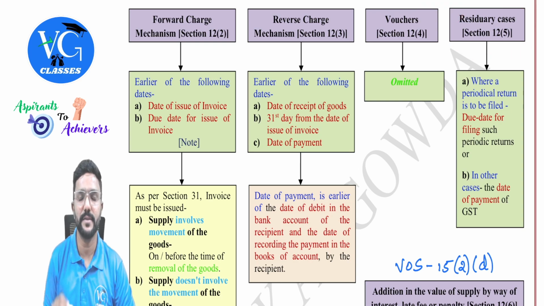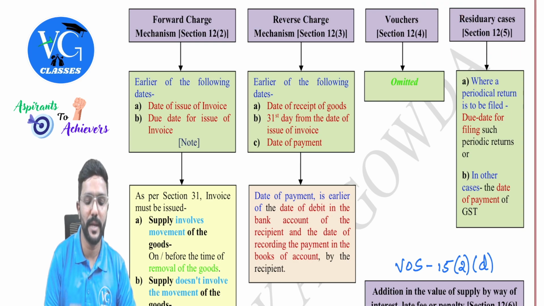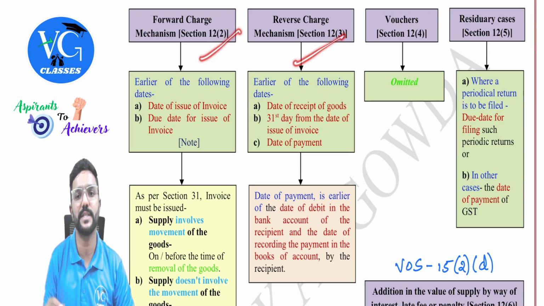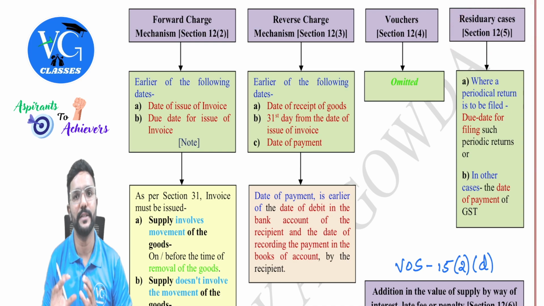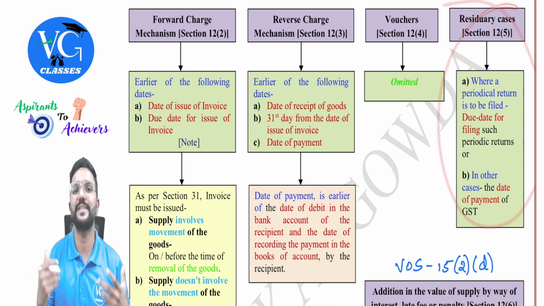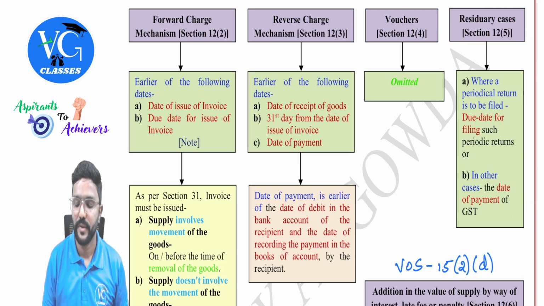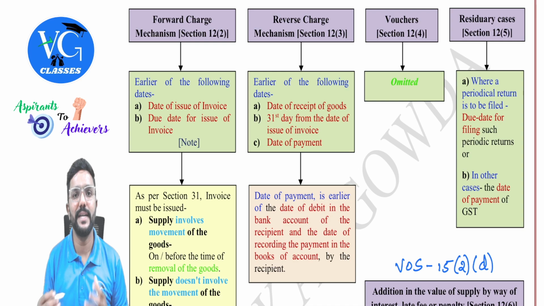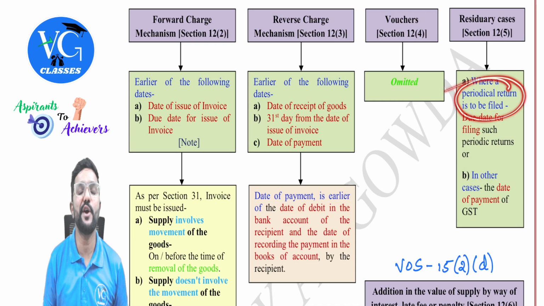So next, 12 subsection 5. This is for residuary cases. Only when you cannot decide the time of supply as per subsection 2 or subsection 3, you will apply subsection 5, guys. Don't straight away go and apply subsection 5. It is like a safety provision which the government has added. So if you cannot decide the time of supply as per subsection 2 or 3, then 5 is telling, check whether the person who is liable to pay GST is filing any periodical return.